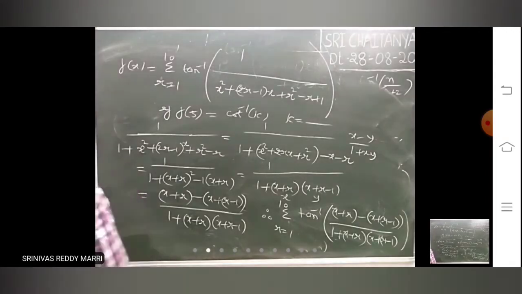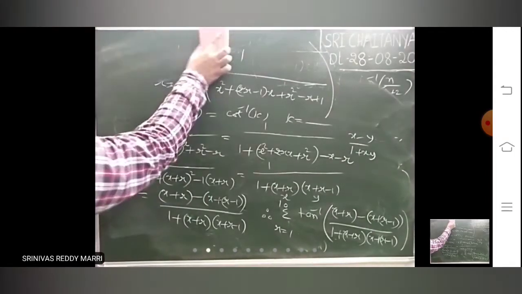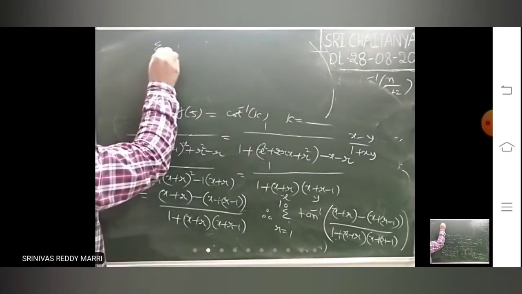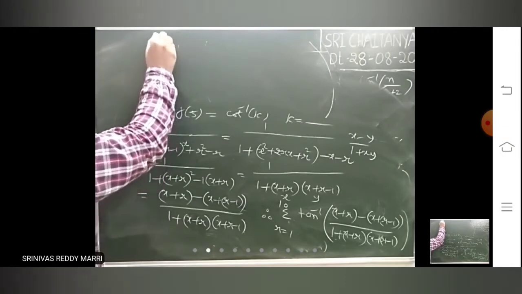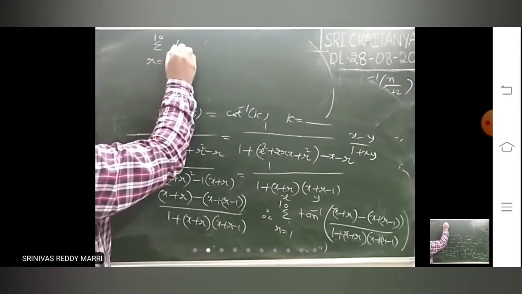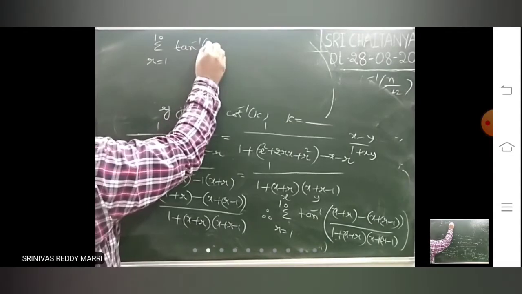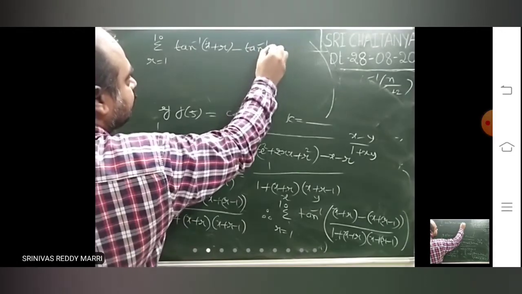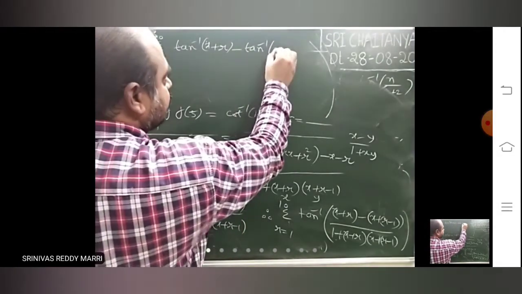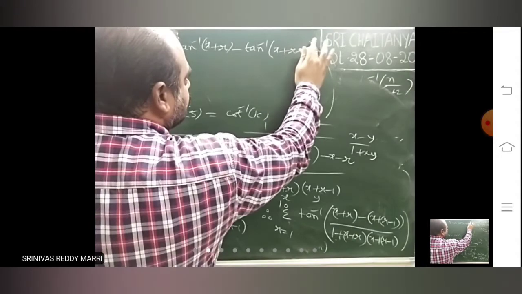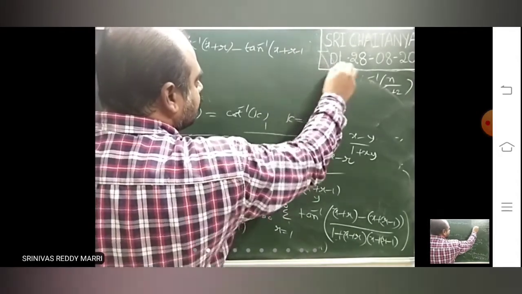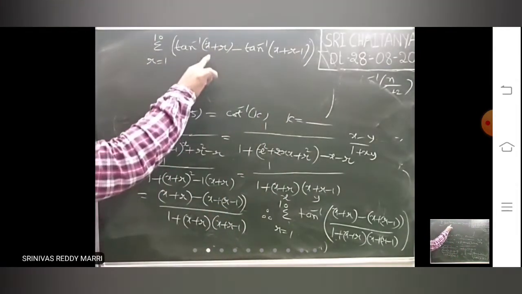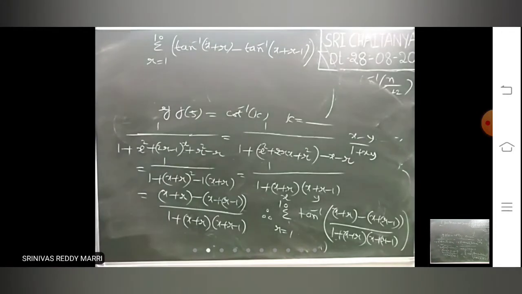Tan inverse x minus tan inverse y. So I am substituting that: sigma r equal to 1 to 10, tan inverse x minus tan inverse y. Inside sigma, it is now converted to tan inverse x minus tan inverse y.